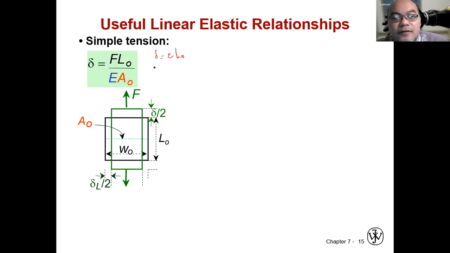From here we extend further that epsilon equals sigma, the stress, divided by the Young's modulus. And then this is further expanded by expanding sigma. Sigma, the tensile stress, equals the force divided by the cross-sectional area. So this becomes this equation. The delta is the extension, which is then divided by 2 because it occurs at both ends.